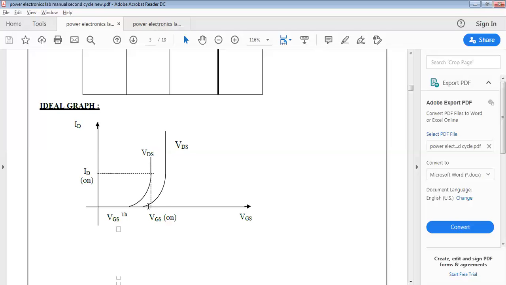The same thing is there for the second set of readings for a different input voltage. You can observe that if I increase the supply voltage, the gate voltage at which it conducts becomes less. So for a lower supply voltage, let us say 10 volts, this characteristic is going to appear.